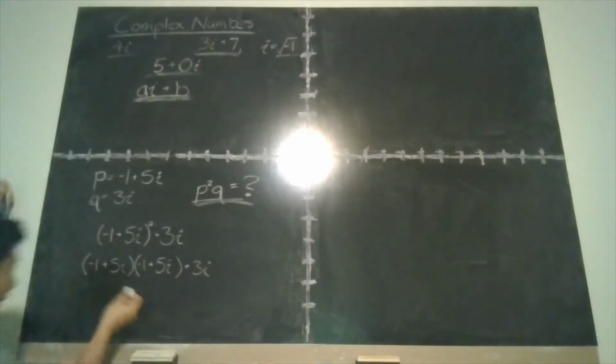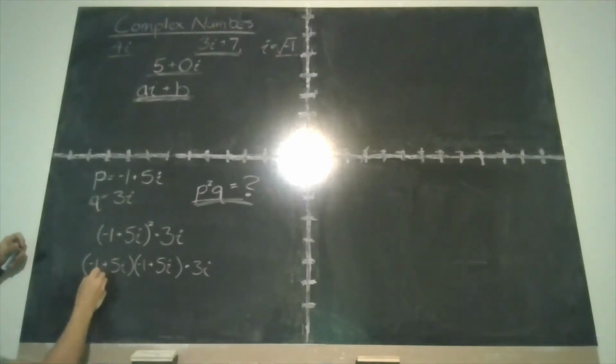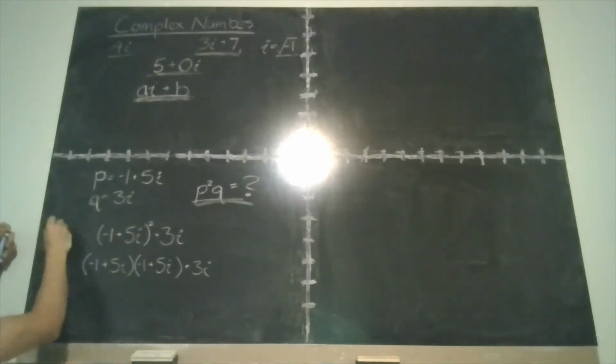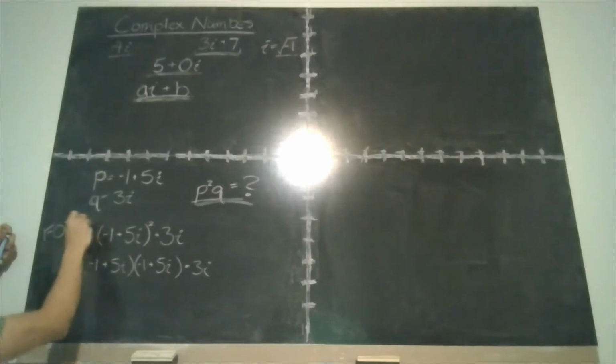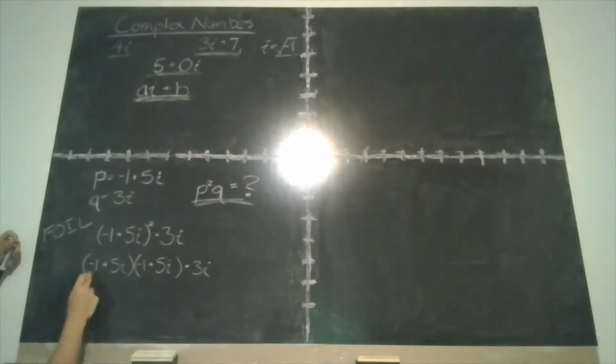So then let's start here. How are we going to multiply these together? Well, let's just use the FOIL method that we've learned about before. To FOIL, you want to go first: -1 times -1, which is 1, plus outer. The outermost are -1 and 5i, so -1 times 5i is -5i.